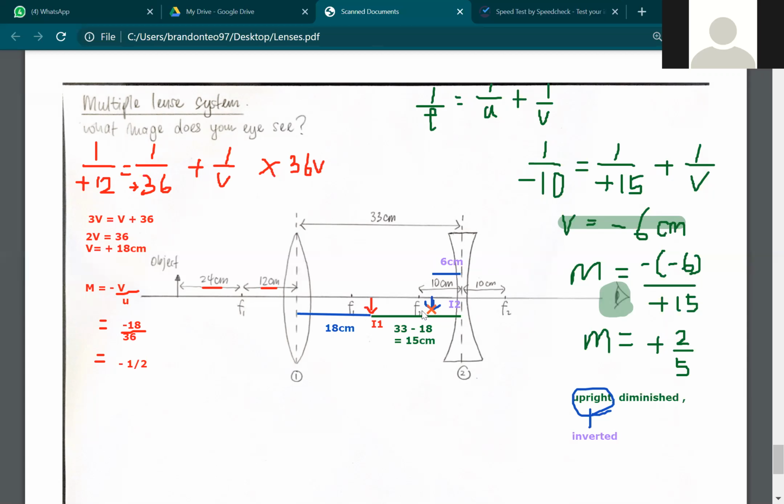Understand? This is the same way to do it. Nothing different, it's just that we combine two lenses together. Now, magnification.